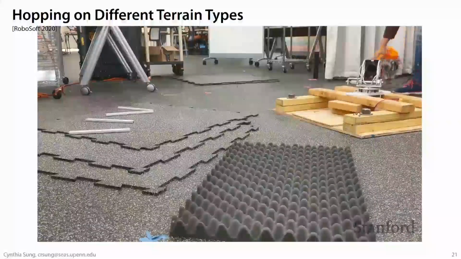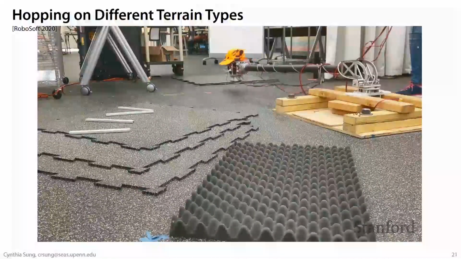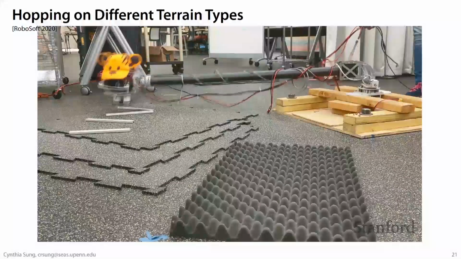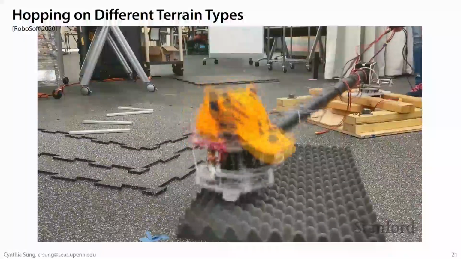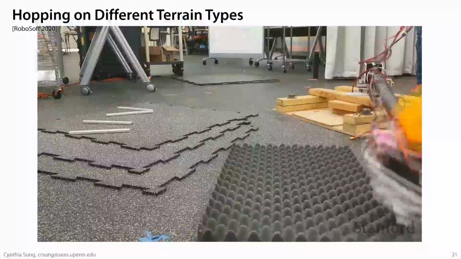So one place where we're trying to take this project in the future is thinking more about how we take advantage of the fact that we're using origami-inspired fabrication here.